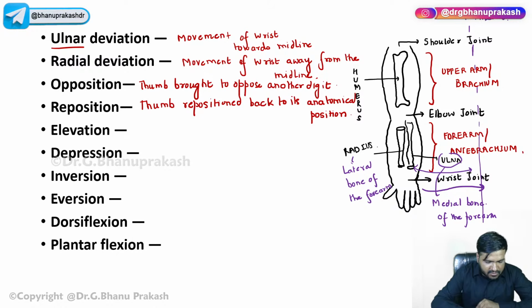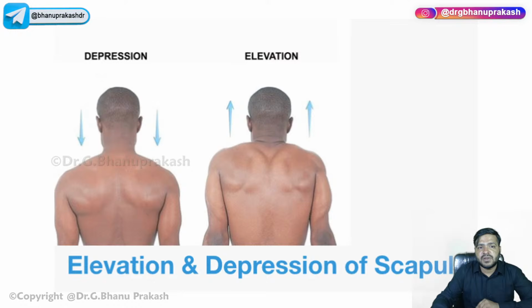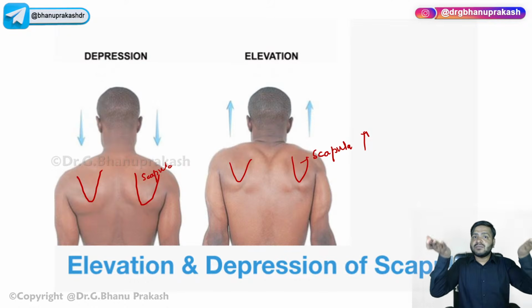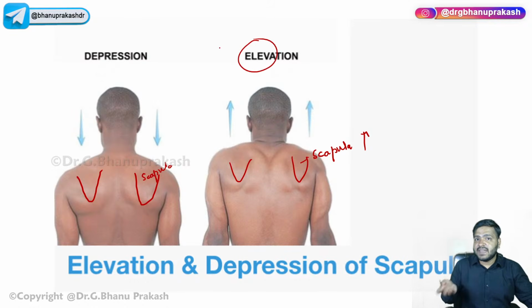Now, coming on to the next one, that is elevation and depression. You guys already know we have a bone over here called the scapula. Whenever the scapula is moving up, superiorly, it is elevation. When the scapula is moving down, it is called depression, right?